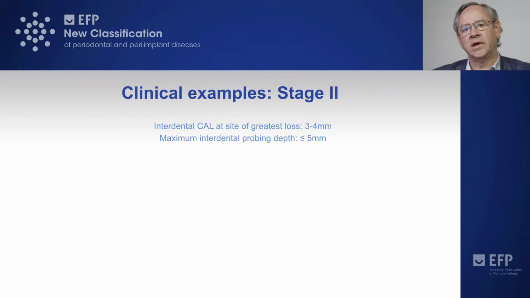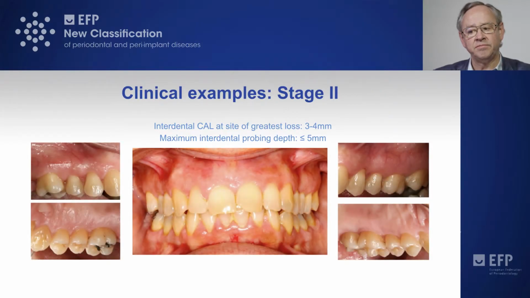And again, this patient is characterized by not having very deep pockets, 5 millimeters or less, but we always need to discard the presence of pseudo pockets that sometimes may confuse us when evaluating probing pocket depths. So this is one of these cases.